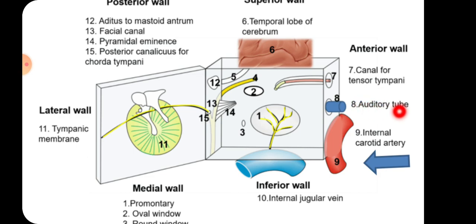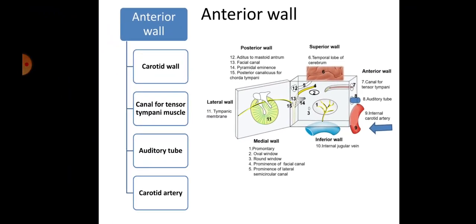This tube is called the auditory tube or Eustachian tube. It means the anterior wall of the middle ear communicates anteriorly with the nasopharynx through the Eustachian tube. What is the importance? If there is any throat infection, it easily spreads from the throat to the middle ear through the Eustachian tube.